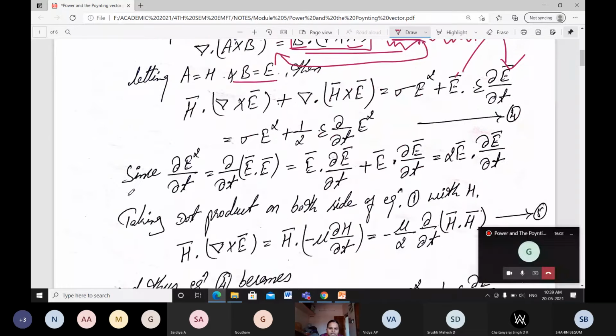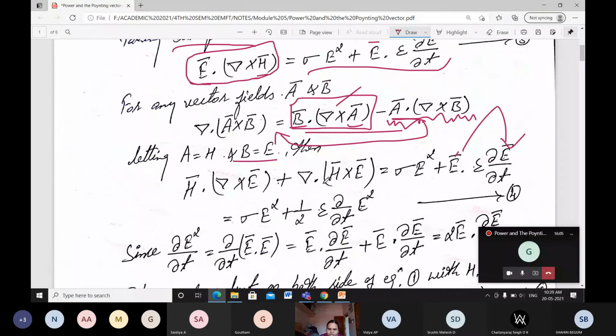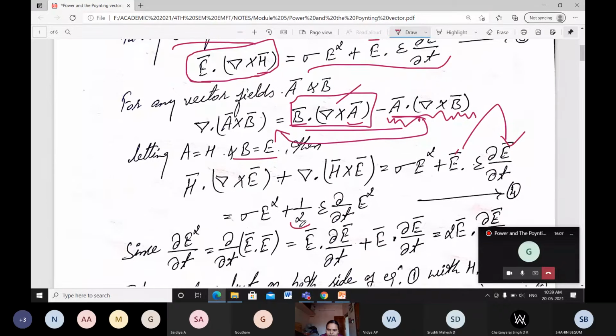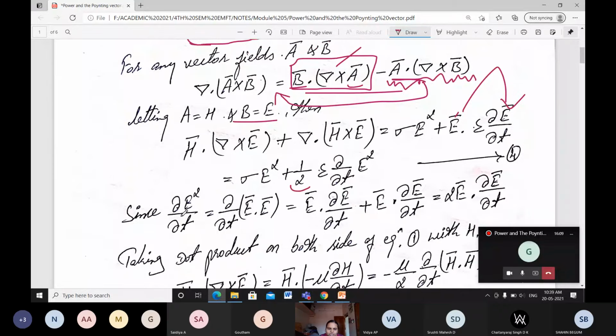Next, observe why we took 1 by 2 here. dou E square by dou T, when I multiply here, is dou divided by dou T of E dot E. That is nothing but keeping one thing and differentiating the other, the same differential property used when multiplying any two variables.